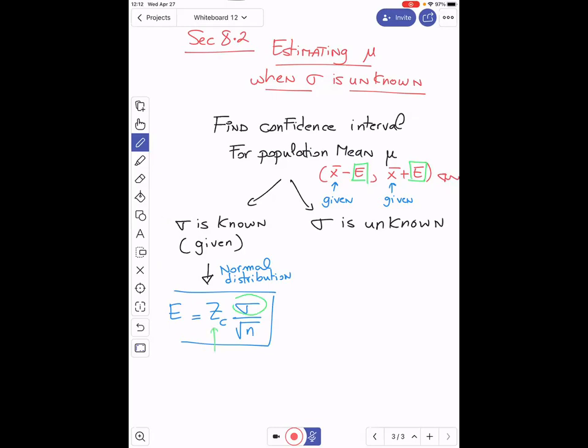This c is what we call the confidence level. It's a probability, called the confidence level.